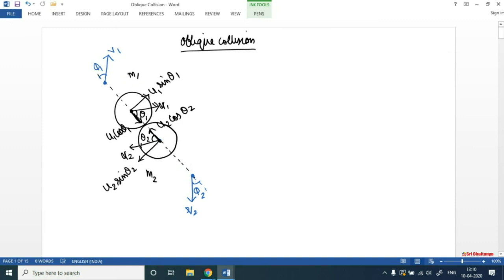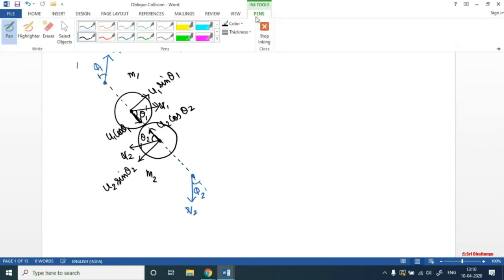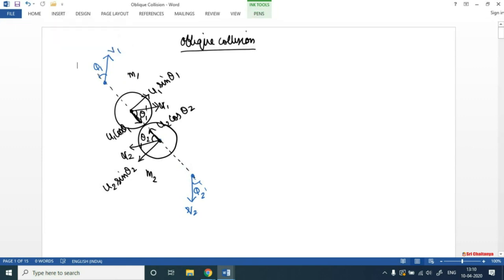Similarly, after collision this would be v1 cos phi 1 and v1 sine phi 1, and for this, v2 cos phi 2 and v2 sine phi 2.